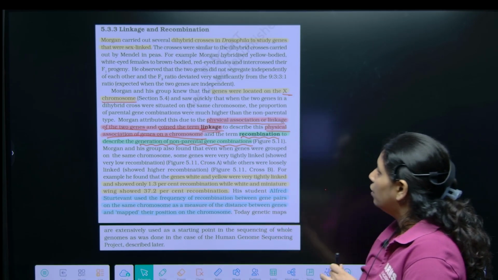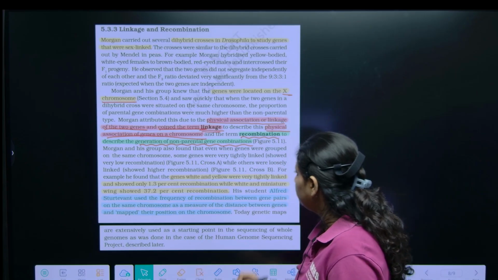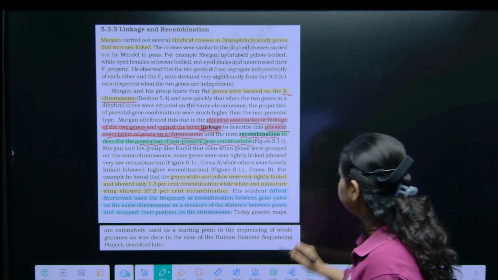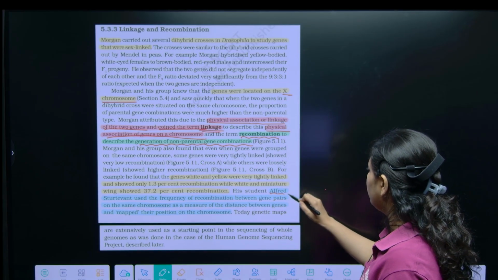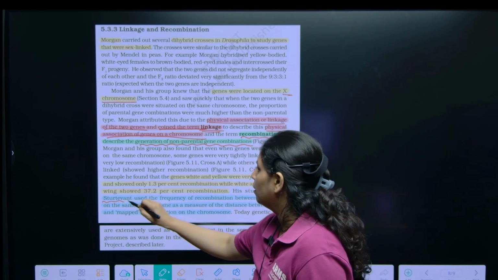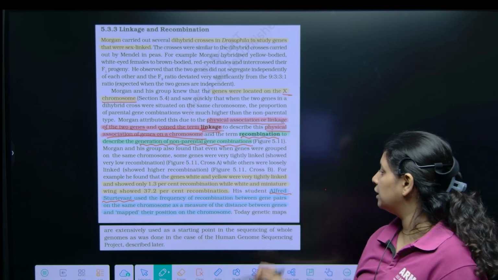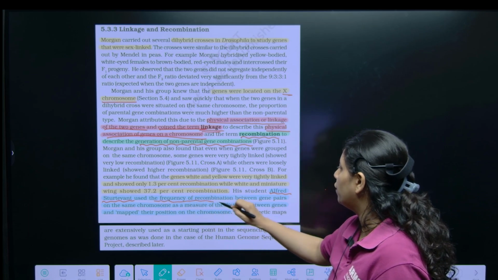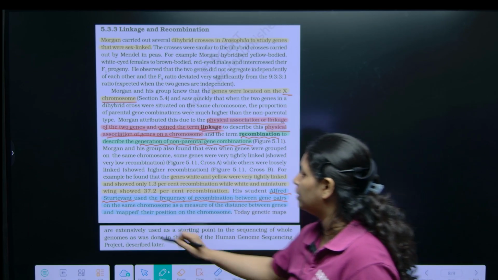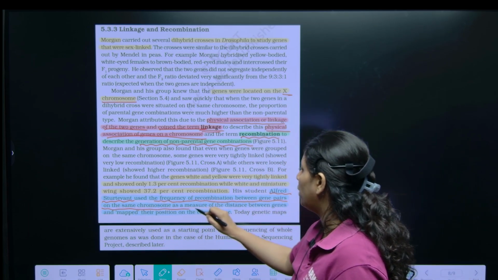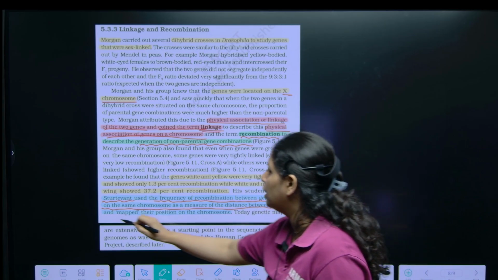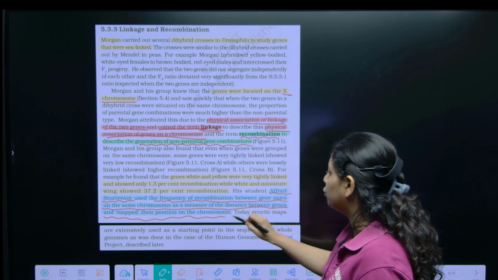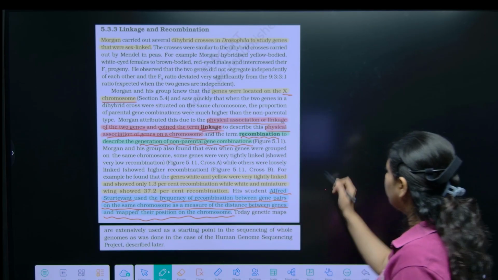We have a very important scientist here, mentioned over here: Alfred Sturtevant. He first used the frequency of recombination between gene pairs on the same chromosome as a measure of distance between genes and mapped their positions on the chromosome.